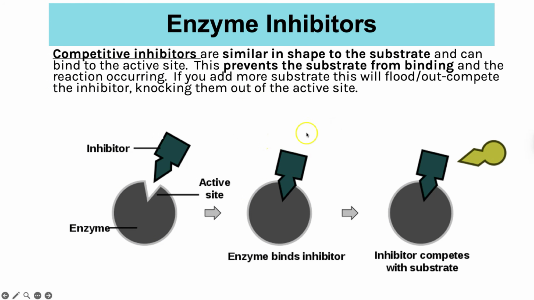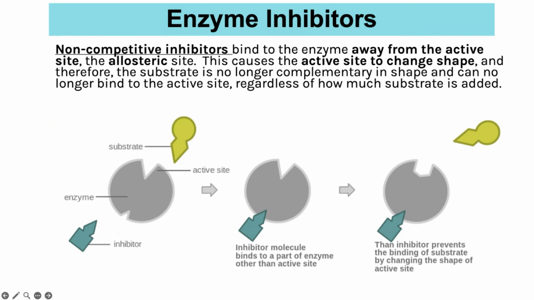And in this way, it reduces the rate of reaction. But if you add enough substrate to the reaction, that can actually knock out the inhibitor, and then the substrate can bind again. So that's why this one's known as competitive inhibition, because they're both competing for the active site.